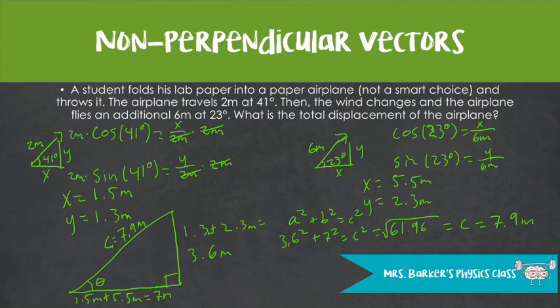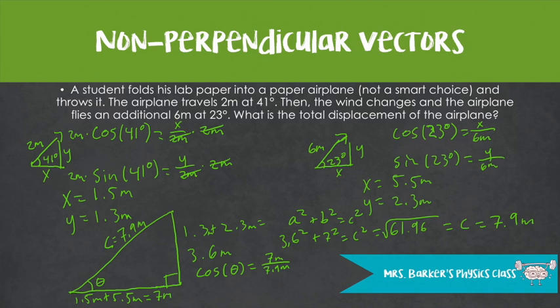I can solve for theta. So if I look here, let's do cosine. You can really pick any of your trig functions at this point because you know all three sides of your triangle. So cosine of theta is equal to 7 meters over 7.9 meters.